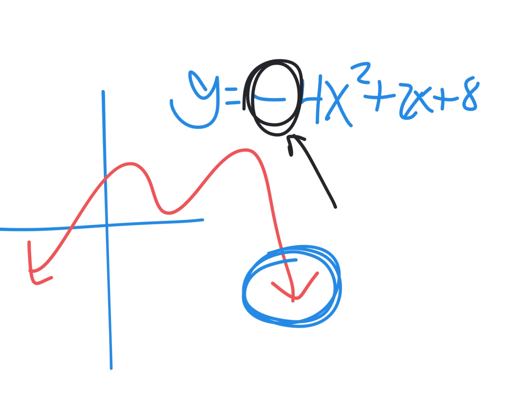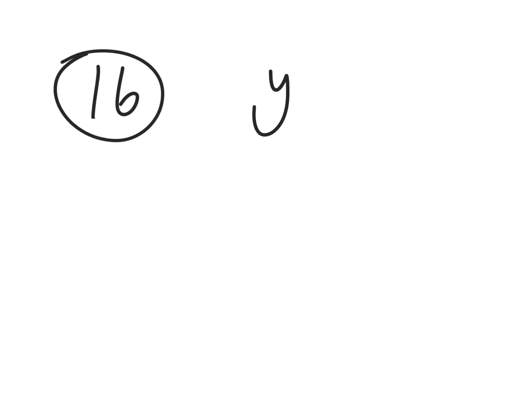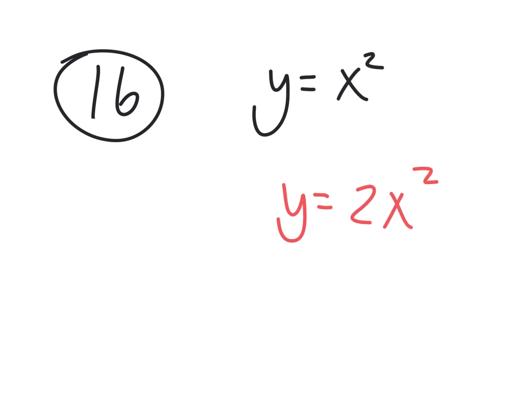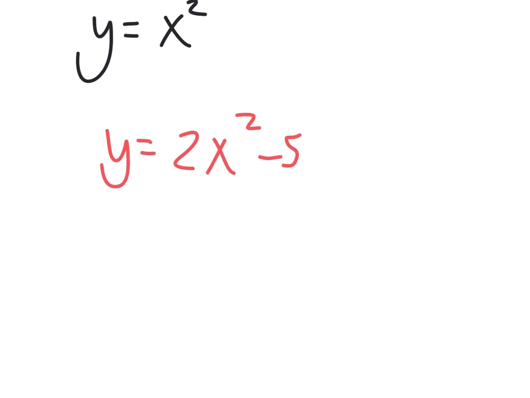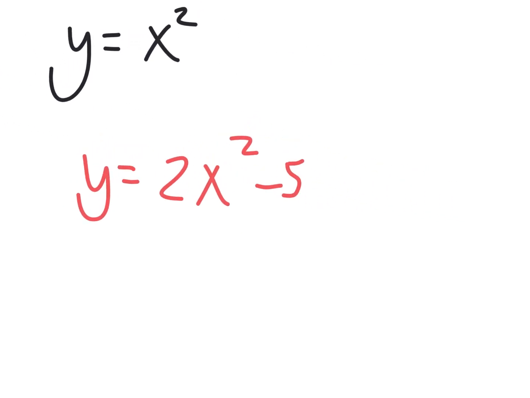Yes, Number 16, read it. How does the function below transform from its parent function? All right. So let's say we had y equals x squared, and here's a fancier version: 2x squared minus 5. You have to remember the stuff that's on the outside is vertical.